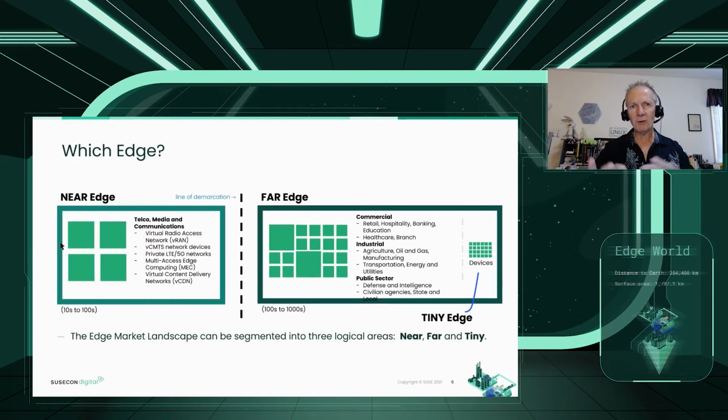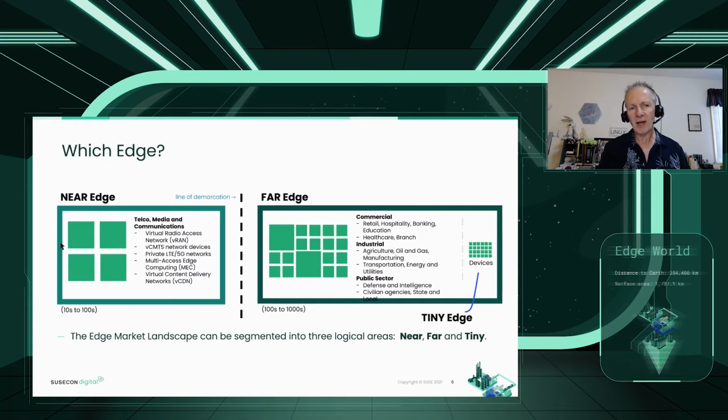So let's talk about the edge and some kind of locations where edge computing happens. On the left side, you see what we call the near edge. And on the right side, you see what we'll refer to as the far edge. The near edge is really the conventional telco environment where telecommunications and media providers are building content networks and networking and 5G and things that we're familiar with.